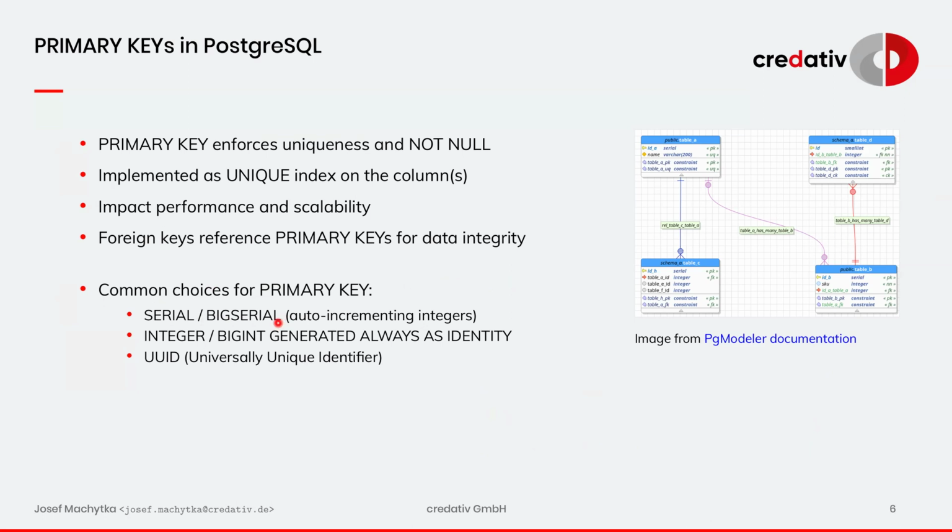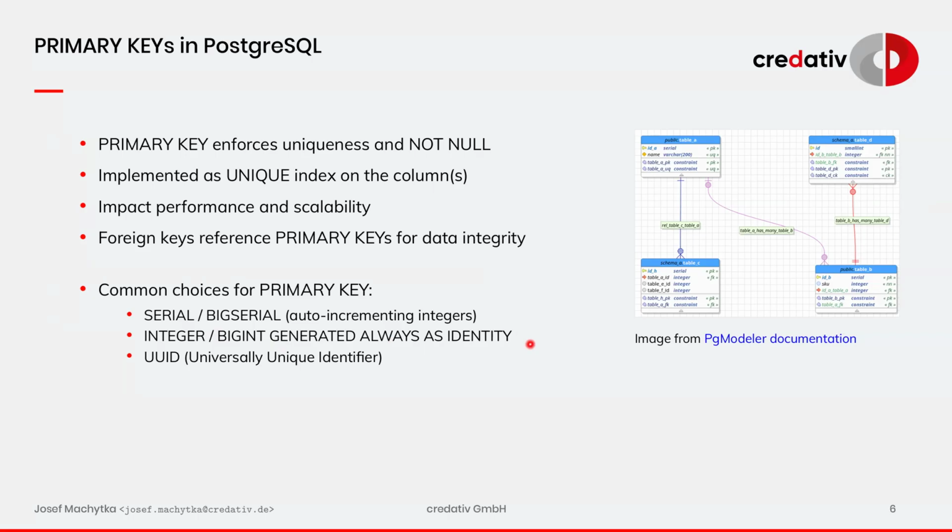So common choices for primary keys in Postgres are either serial or bigserial, which are actually just aliases for integer and bigint, generated automatically from a sequence. In newer versions, we have in Postgres integer or bigint with the clause generated always as identity.